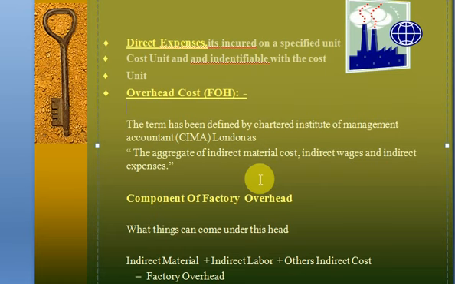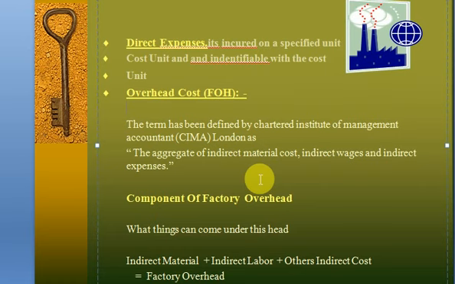In the factory we do the manufacturing, then when finished goods are made, we transfer them to the store or warehouse, and from the warehouse we transfer them to the showroom from where we sell them. So all those expenses which take place in the factory, in the warehouse, and in the showrooms are indirectly allocated.